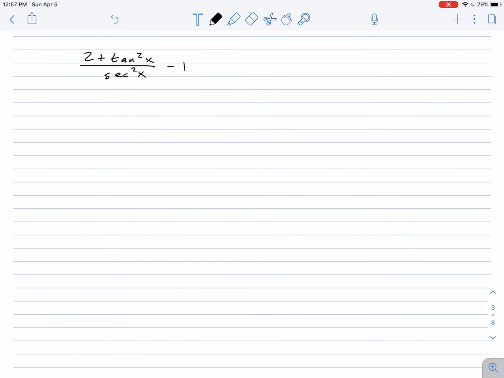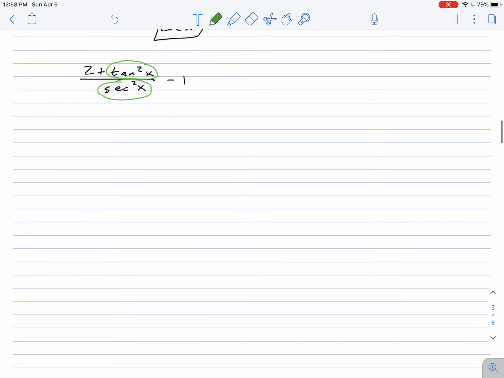Okay, again, when I'm looking at what to do on this problem, I'm seeing two things. First of all, I'm seeing that I have several squared terms right here. That says Pythagorean identity to me.